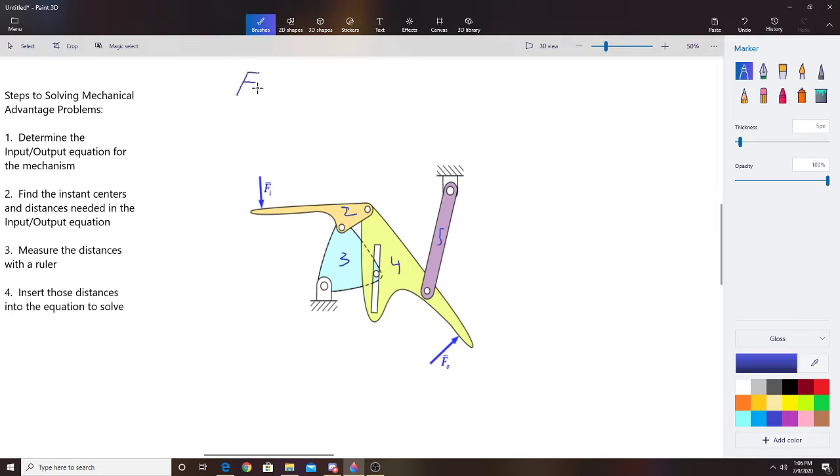F2 omega 2 d2 is equal to F4, which is that force down here, omega 4 d4, right?